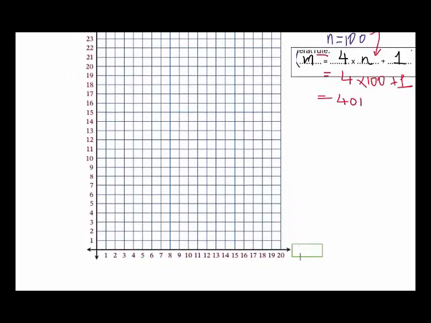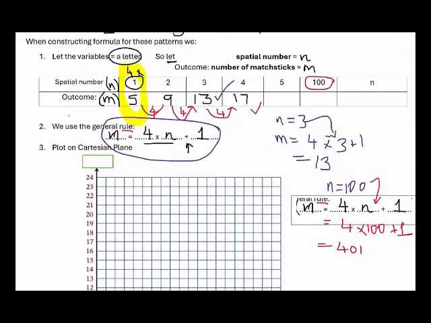So here I have to put my n, and on our graphs that's usually the x value, and our y-axis is going to be the m for matches. Right, so now we use those coordinates.